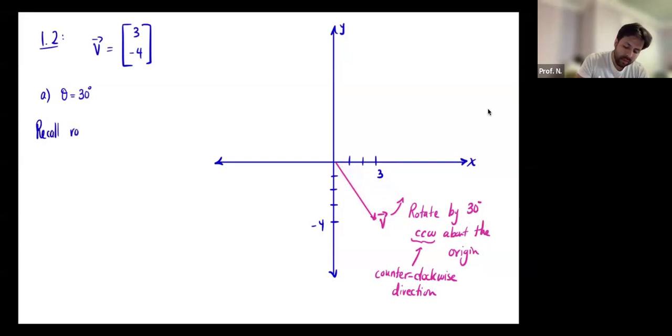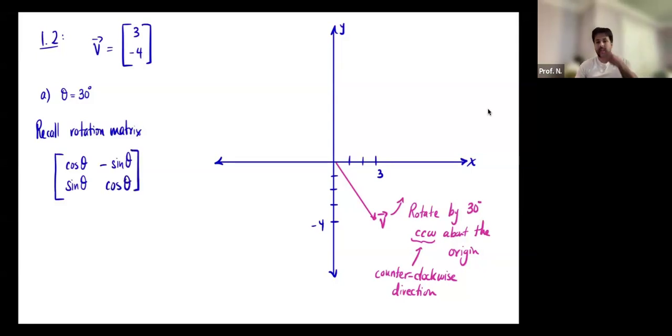Now, if you guys remember, there's a rotation matrix. What's that rotation matrix? Cosine theta, sine theta, negative sine theta, cosine theta. And we proved that to you guys.